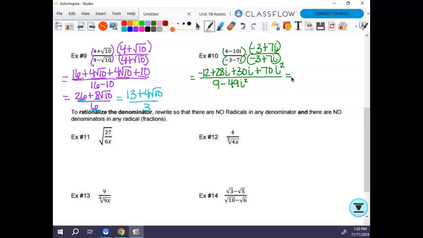Negative 1, right? So doesn't this right here really just become a negative 70? Because I have positive 70 times i squared, and i squared is a negative 1, so that's a minus 70 right there. Which means this negative 49i squared, negative 49 times negative 1, is really just a plus 49. You agree with that?